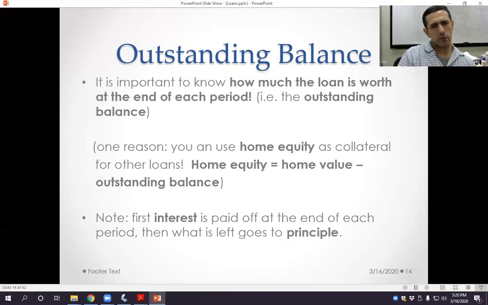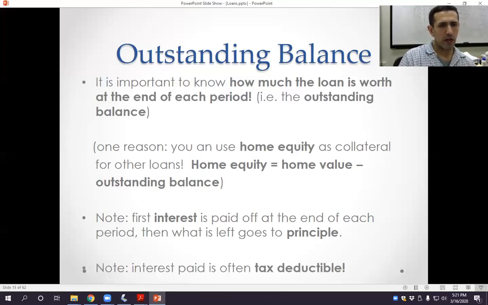The mechanics of these loans, and of all loans, is basically you first pay off interest, and then what is left goes to principal. And principal is basically your outstanding balance. It's good to know how much interest you're paying each period. One reason is that interest is tax deductible.